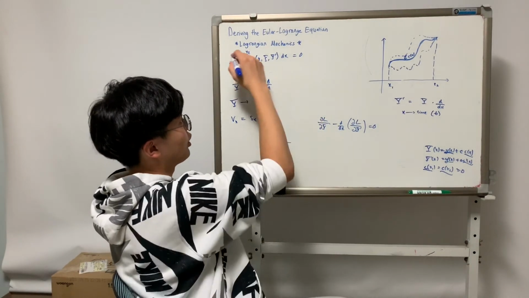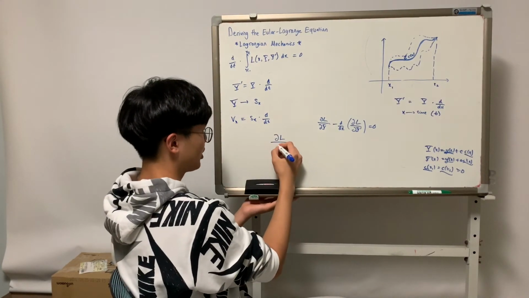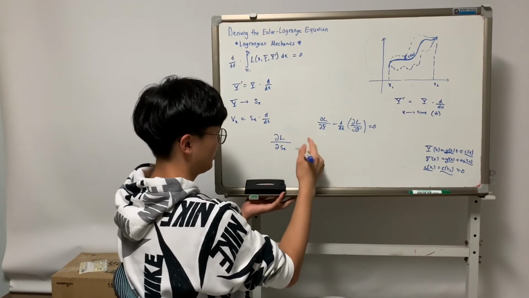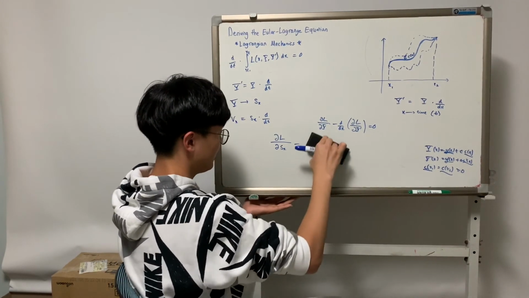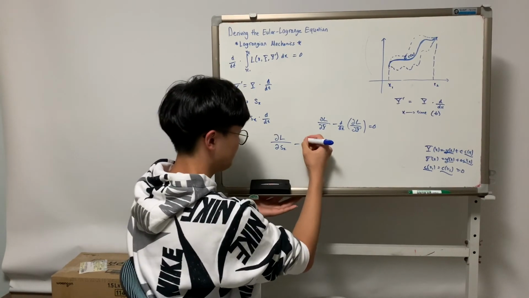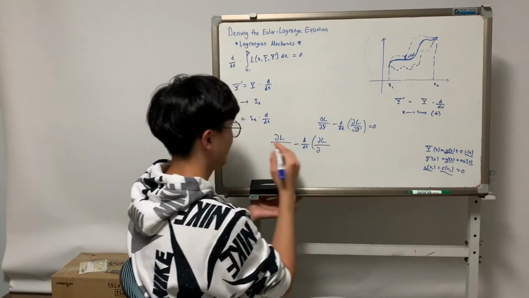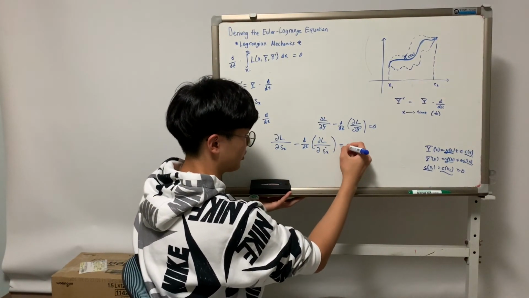Then one form of the Euler-Lagrange equation, or the equation we use for solving Lagrangian mechanics, would be partial L of partial Sx minus d of dt, because we were saying that t is the variable, partial L of partial Vx, or Sx dot, is equal to 0. That's one form.